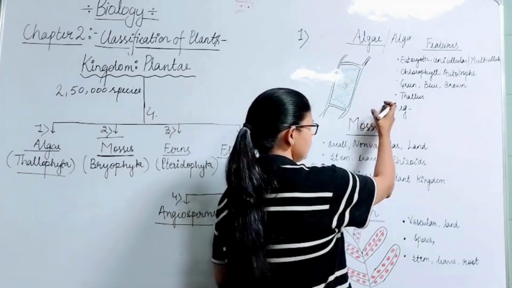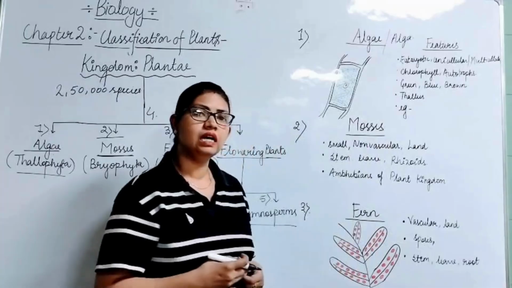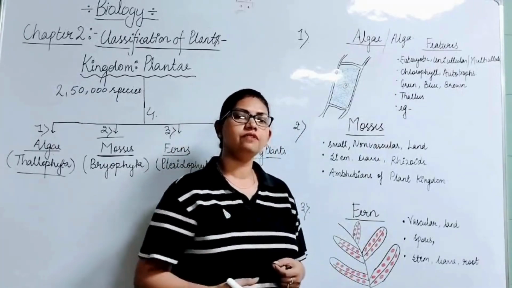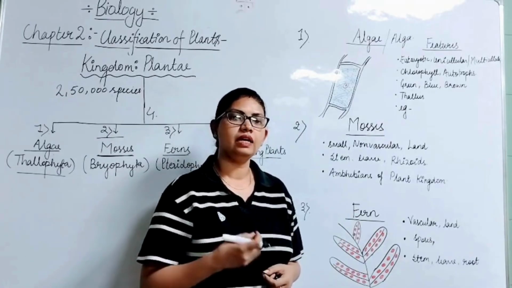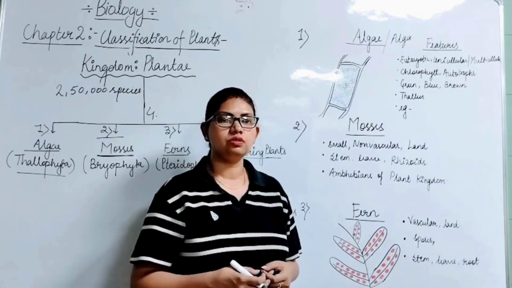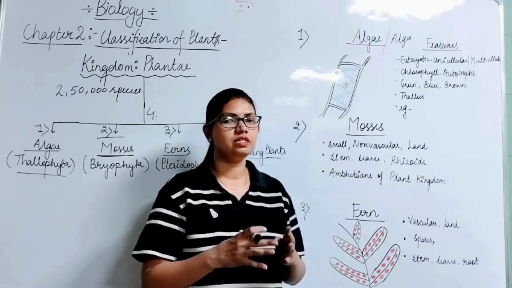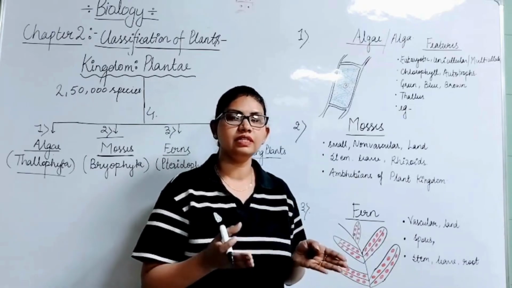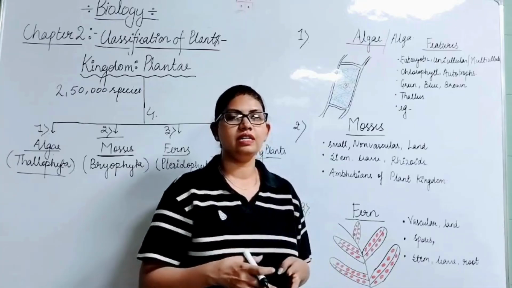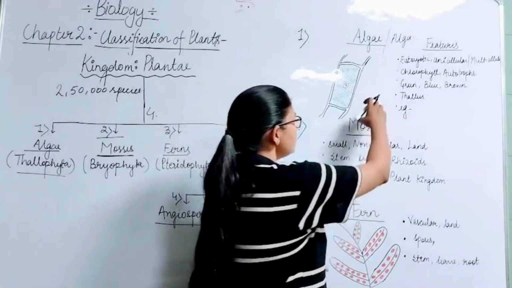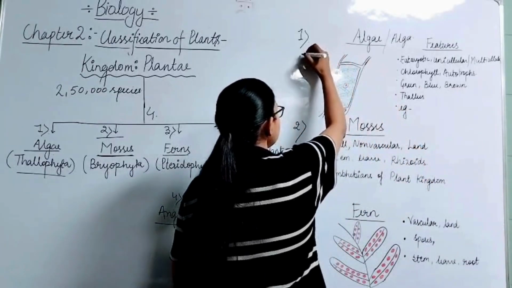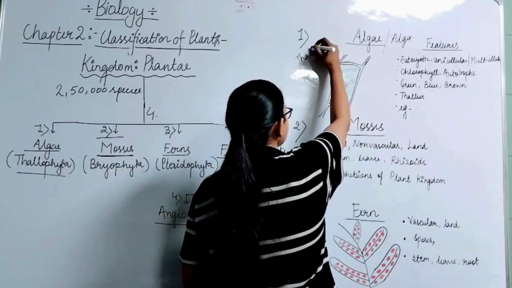Next feature is the body of algae does not differentiate into root, stem and leaves. Because there is no differentiation into root and stem, the whole body is called thallus. That's why algae come under the category of Thallophyta.